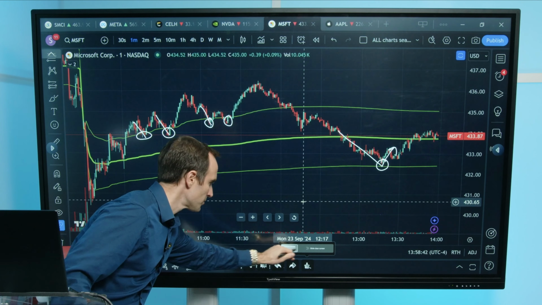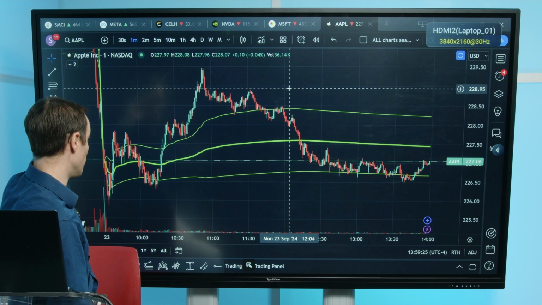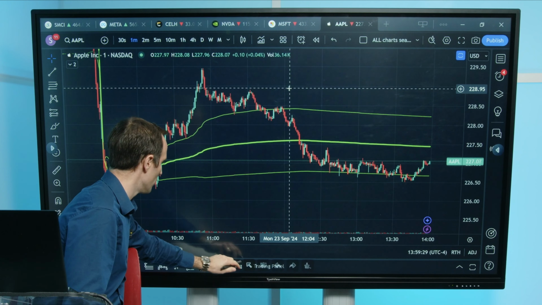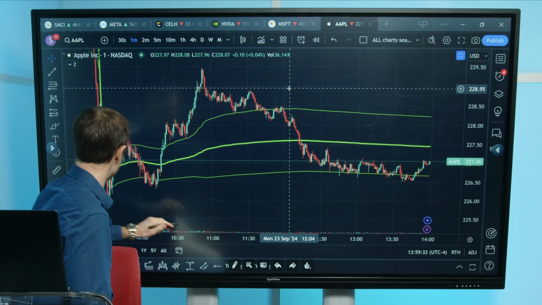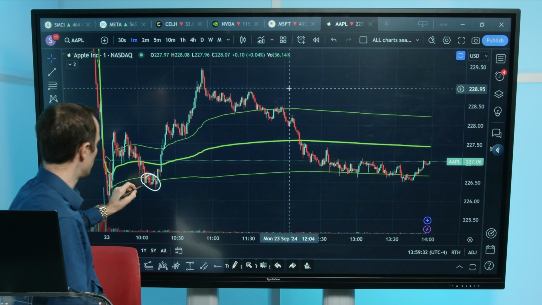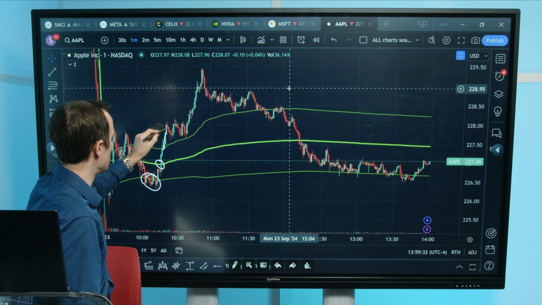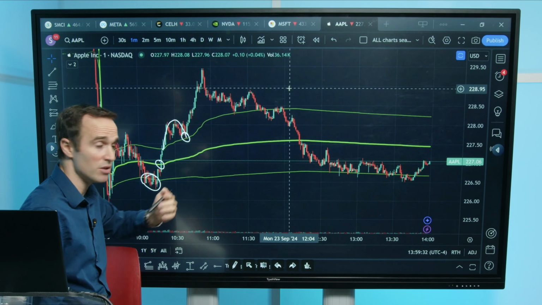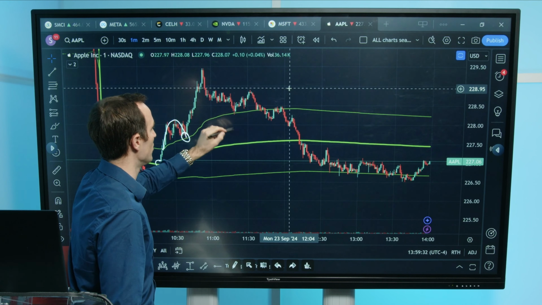Apple here, you can see that, again, we had a pierce of the lower multiplier band right here. Excuse me one second, let me just get this correct. See, you have a pierce here, it breaks up above VWAP, and then you can see a nice perfect hit here on this upper multiplier band telling you that, hey, the stock is likely to start to follow the multiplier band.